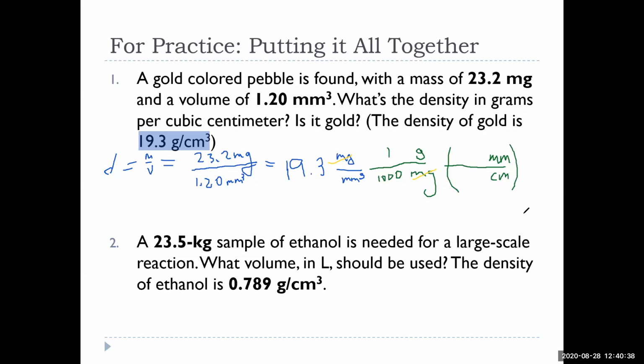Remember, when we're dealing with units with exponents, we need to be very careful about our conversion factors. If we're just thinking about millimeters and centimeters, well, we have 10 millimeters for 1 centimeter. Since we have cubic centimeters and cubic millimeters, that means we need to cube our numbers as well.